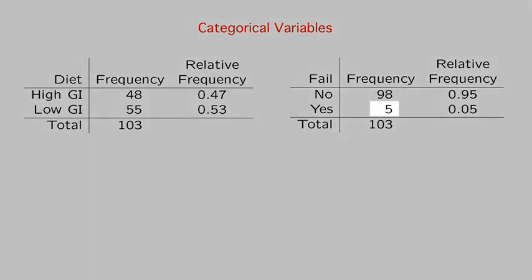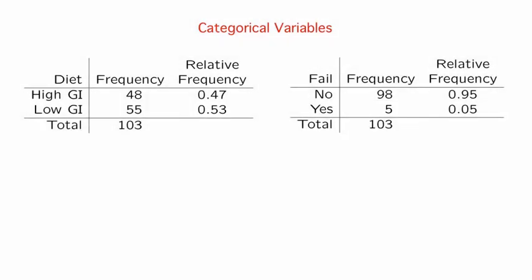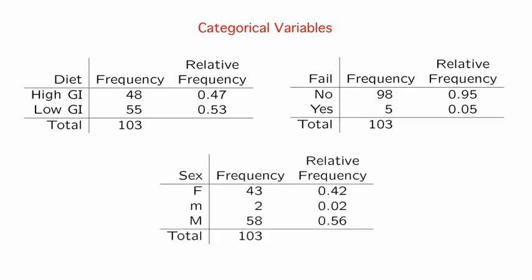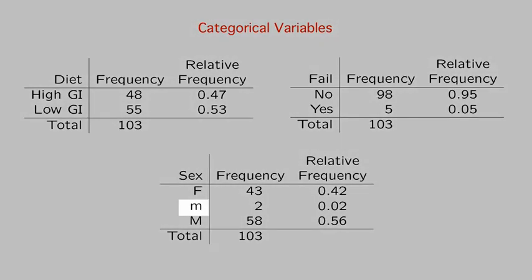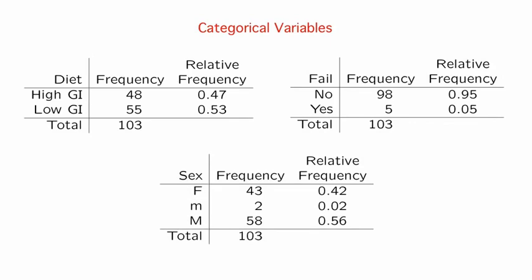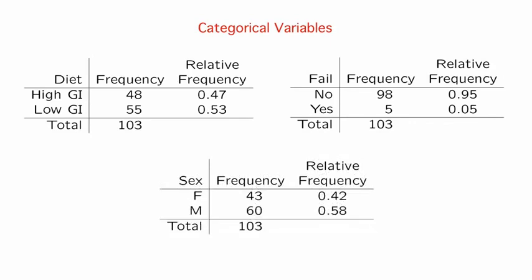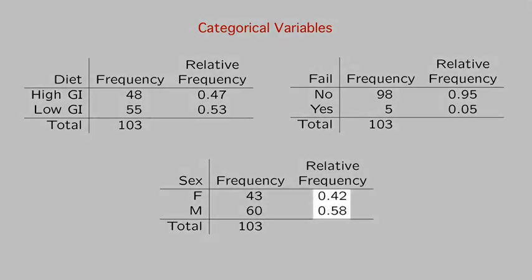Only 5 of our 103 subjects were considered to be treatment failures, that is, they needed to withdraw because they went on medication. And for sex, we see our first potential problem. Some of the males were inadvertently coded with a lowercase m. But we can fix that, and then we can see that the recruitment resulted in 58% males and 42% females.